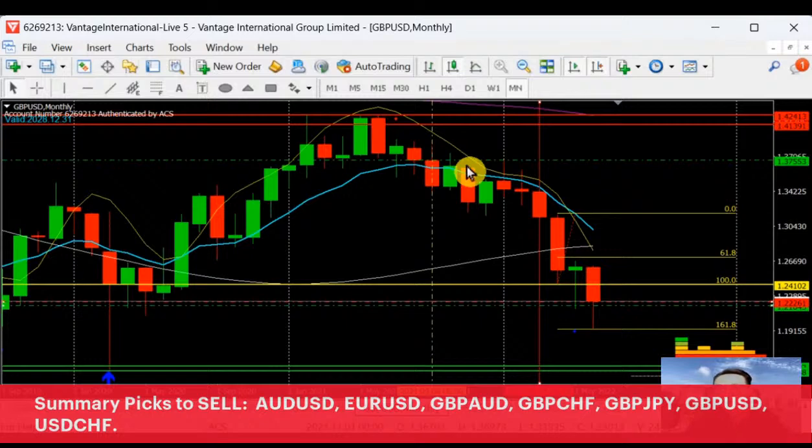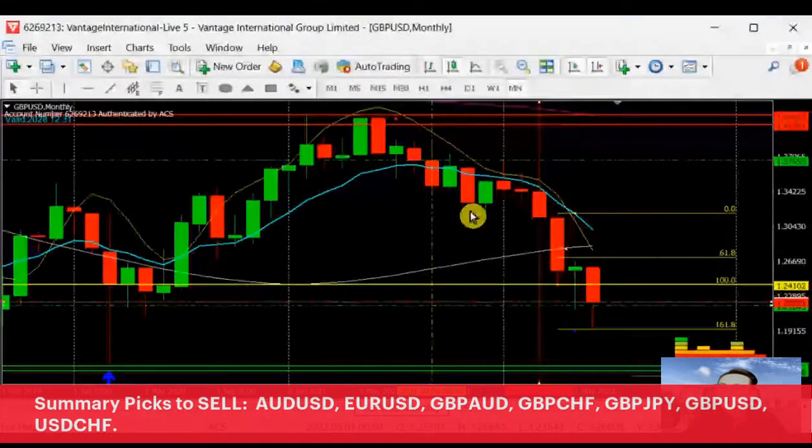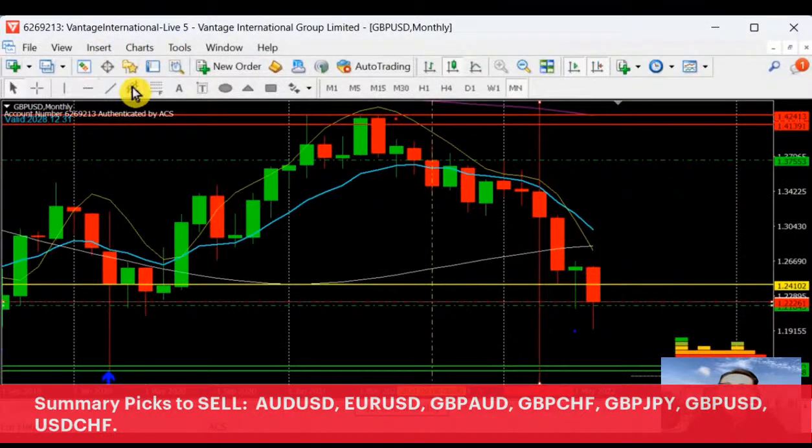Now on the current candle, put the Fibonacci on the bottom and drag it to the top, from the bottom to the top.